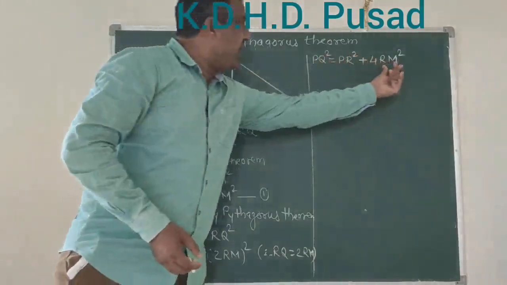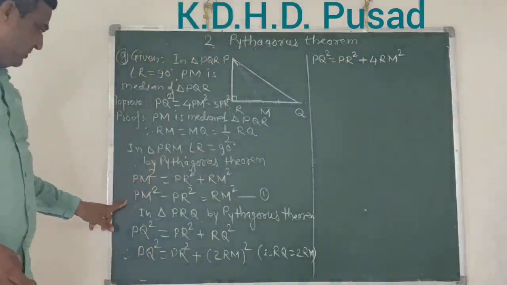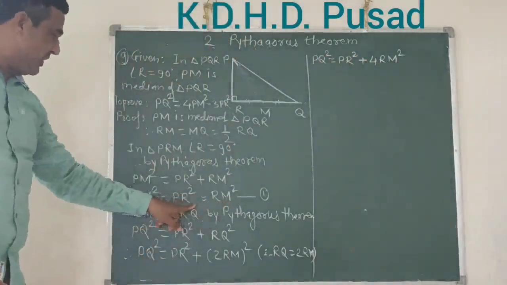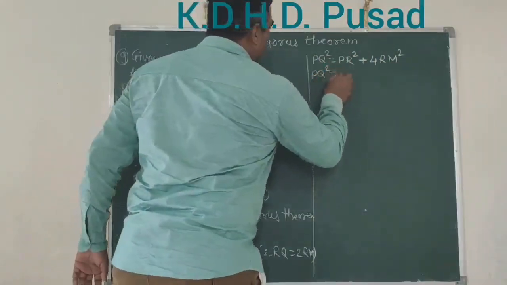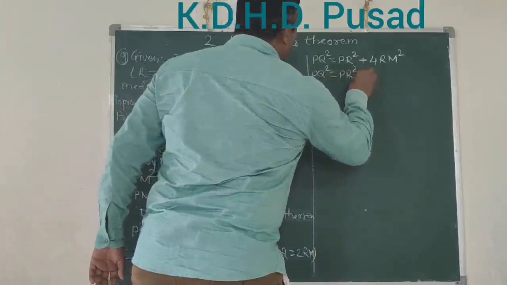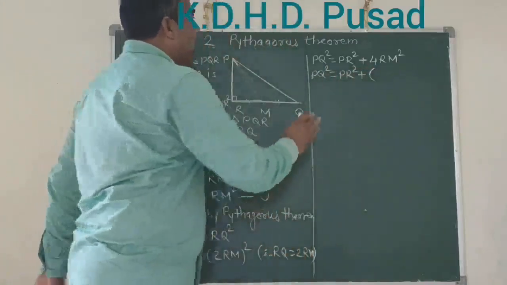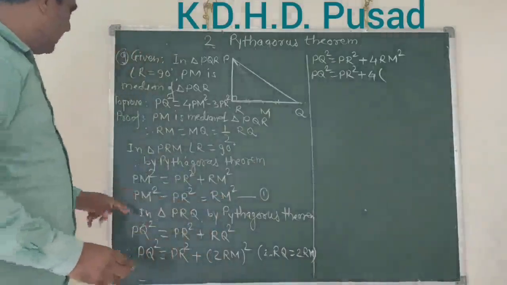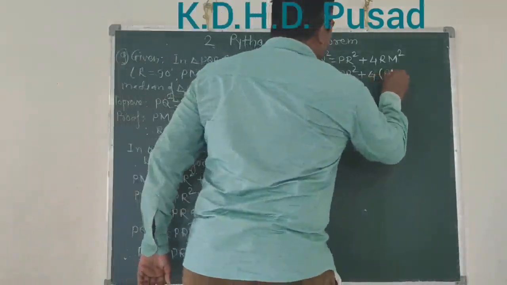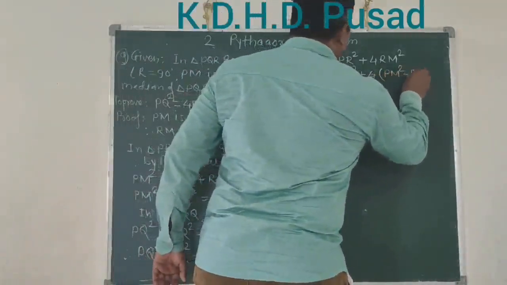Now put down value of RM square from equation 1. That is value of RM square, this one. So PQ square equal to PR square plus 4 times value of RM square from equation 1, that is PM square minus PR square.